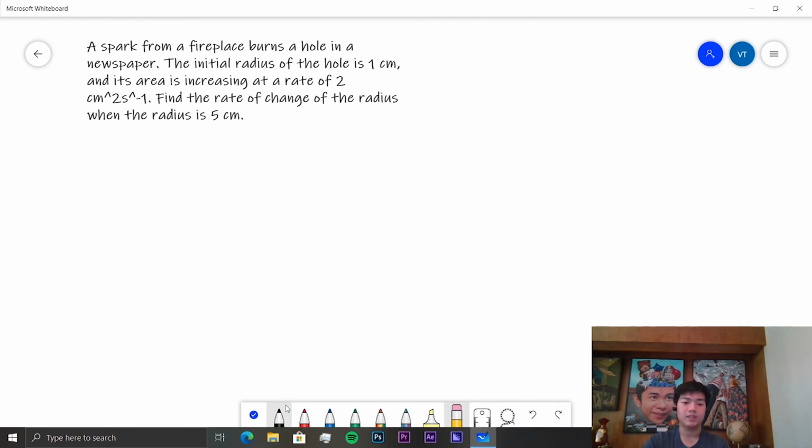Okay, so area is increasing at a rate of 2 centimeters squared per second, so dA over dt is equal to 2.